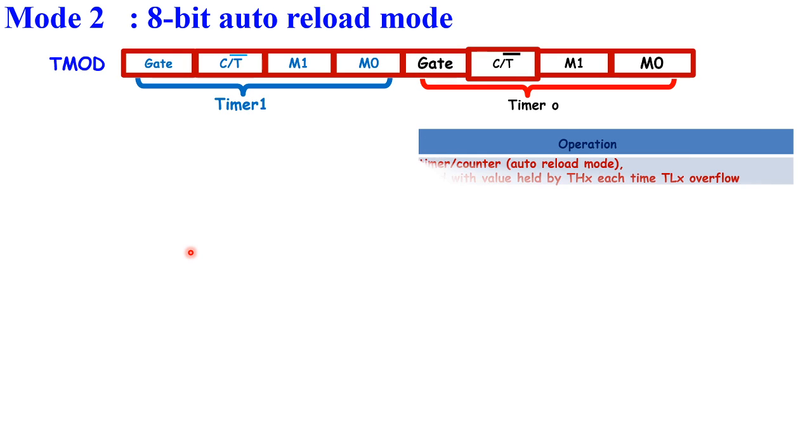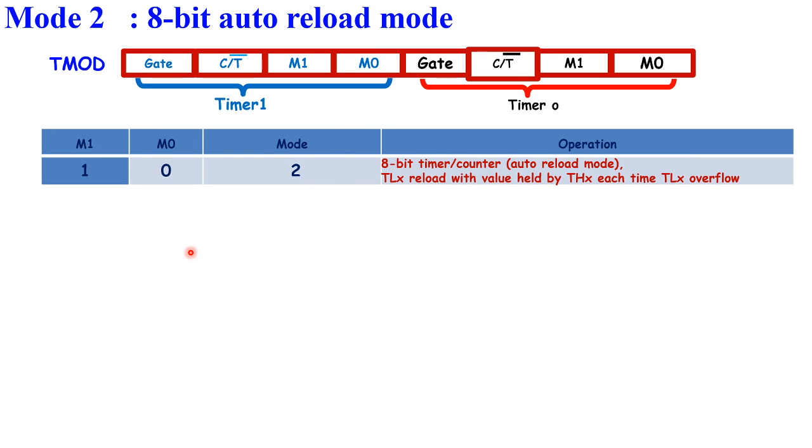Now how does the 8-bit auto reload mode start? Timer 0 and timer 1 can be used as 8-bit auto reload mode, and that is controlled by the TMOD register, as we know.